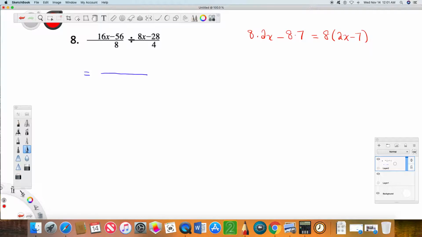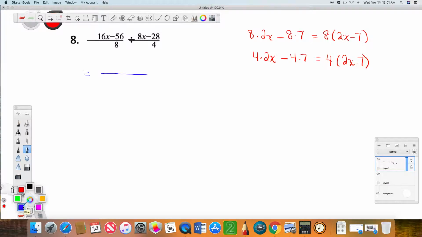Let's look at the other numerator, and let's rewrite these terms to make it obvious that a 4 is common to each term. 4 times 2 is 8. 4 times 7 is 28. A 4 is common to both terms, and we can write this as 4 times 2x minus 7.